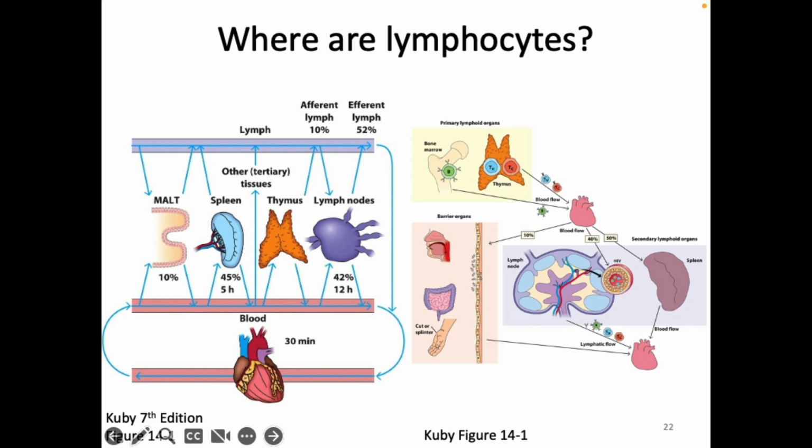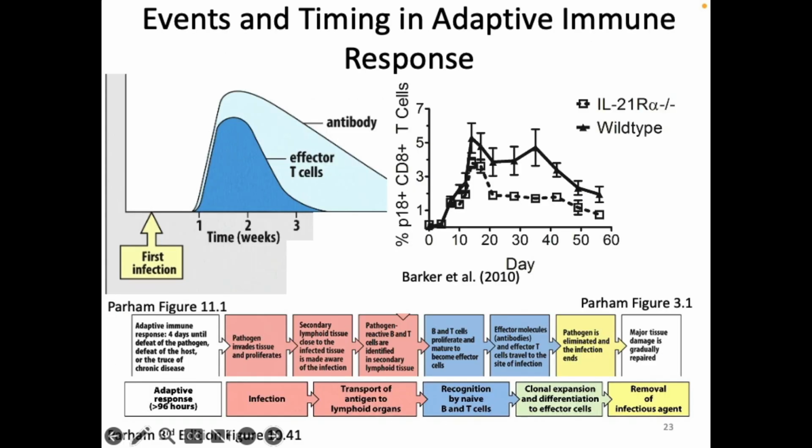So when we talk about the periphery, there are a lot of places that we might be thinking about with our lymphocytes. But we can also think a little bit about what our response is going to look like with our lymphocytes.